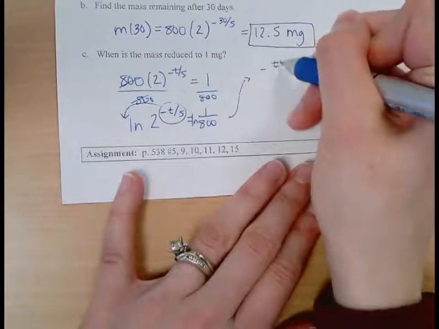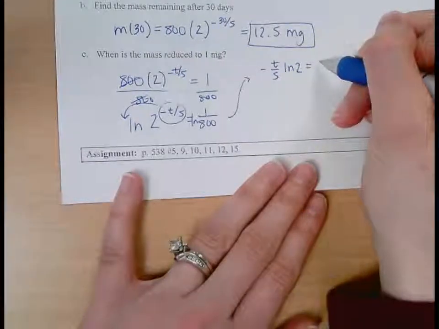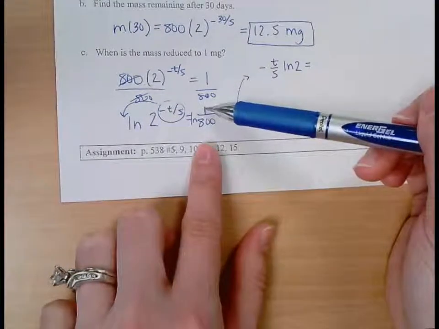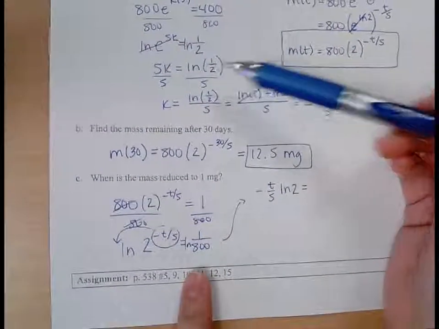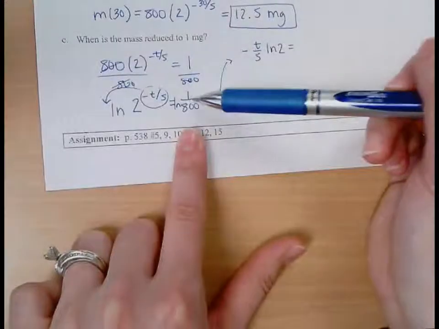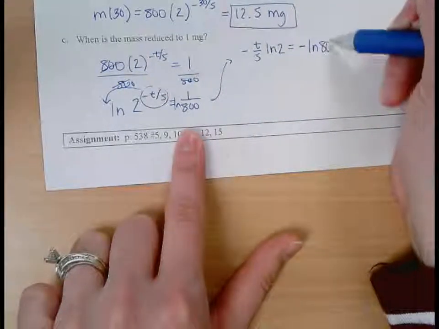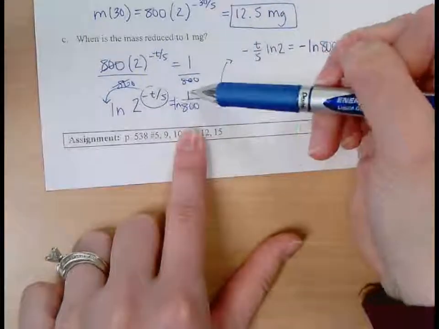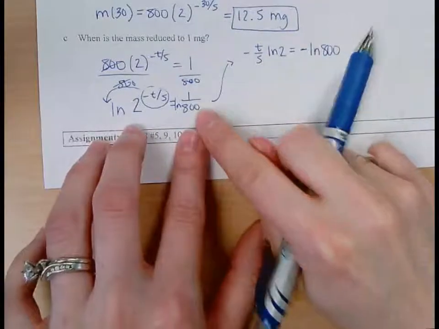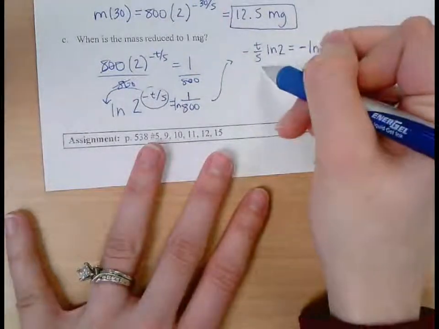So I have negative t over 5 times the natural log of 2 equals, and what I'm actually going to do here, not that you'd have to do this, just like the natural log of 1/2 was negative natural log of 2, natural log of 1/800 is really the opposite or negative natural log of 800. Just because the natural log of 1 is 0 minus the natural log of 800. So you wouldn't have to do that. I'm just showing you that again. So then divide by the natural log of 2.